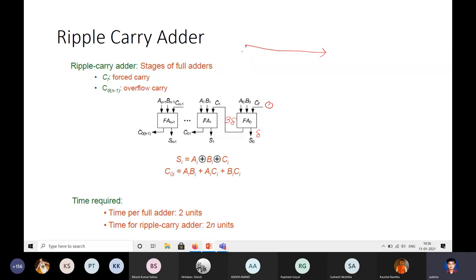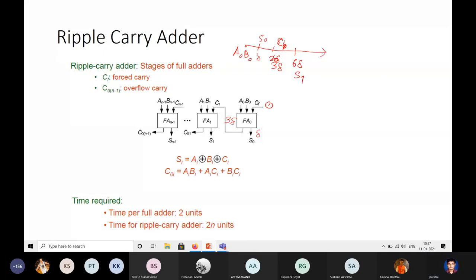S1 not at 2 delta, I have to wait for C1, which comes at 3 delta. And since I'm waiting, from C1 it takes another delay, because after I get C1 I can compute S1 and C2.